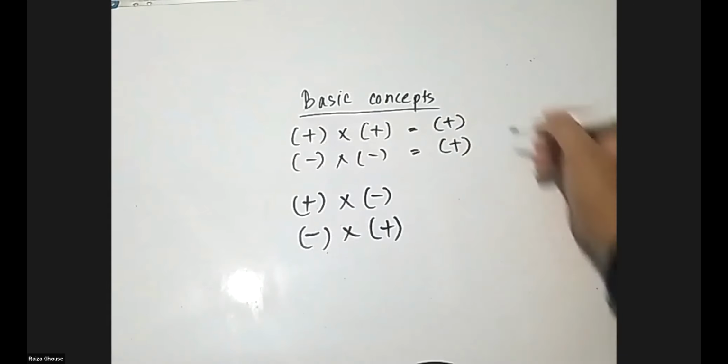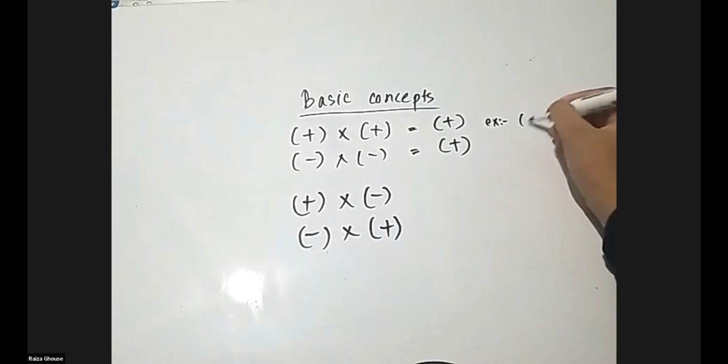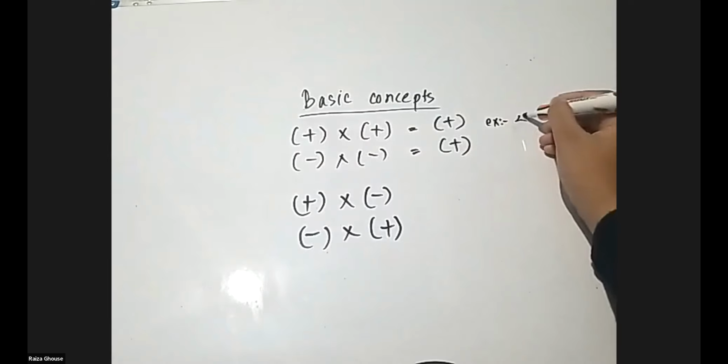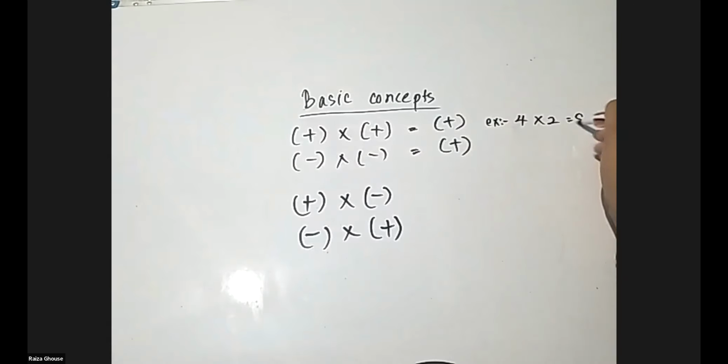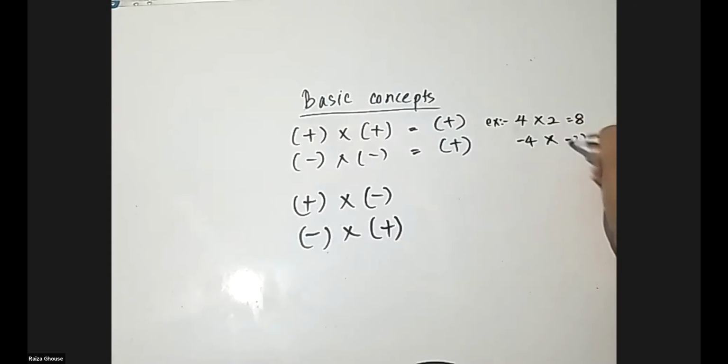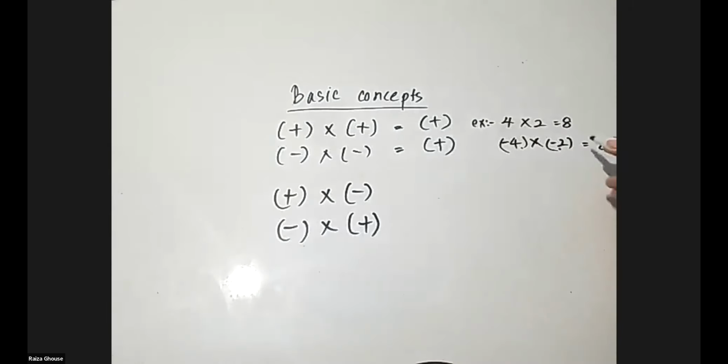Shall I give you an example? Plus 4. Usually for positive values, we don't write the plus mark. 4 into 2, it's positive. Negative 4 into negative 2. 4 into 2 is 8, and negative into negative is positive. It's a positive answer.